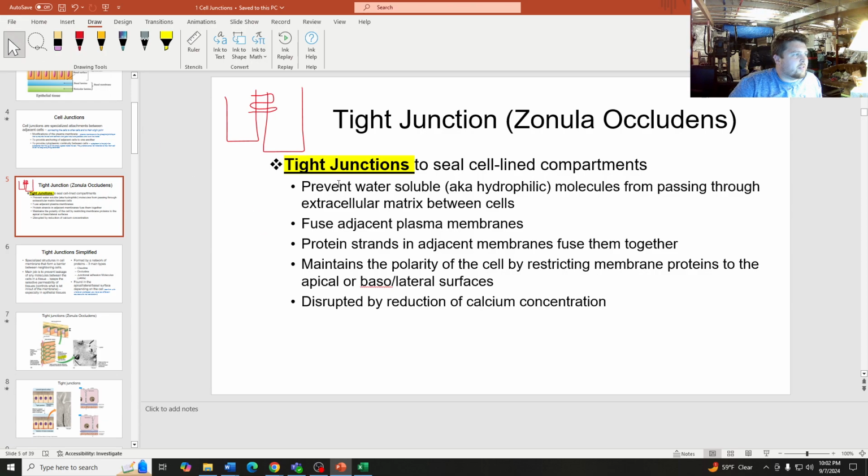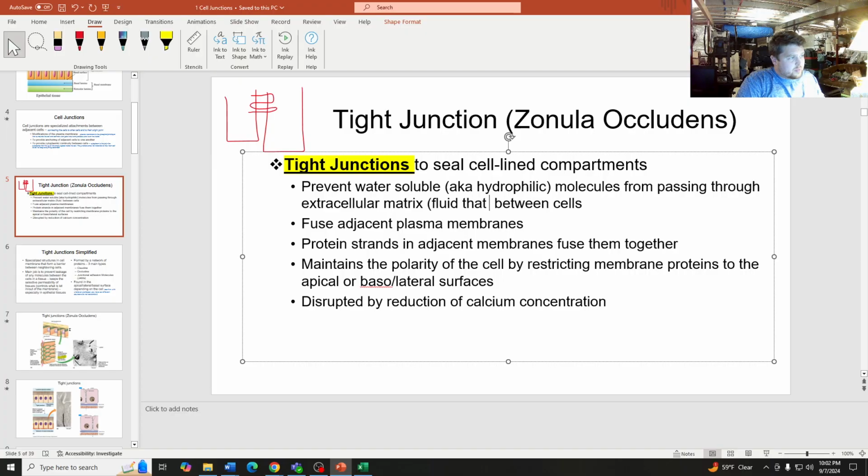Like I said, they prevent water-soluble molecules from passing through the extracellular matrix. The extracellular matrix is kind of that fluid, that stuff that is outside of the cells. So it stops that from going between the cells.